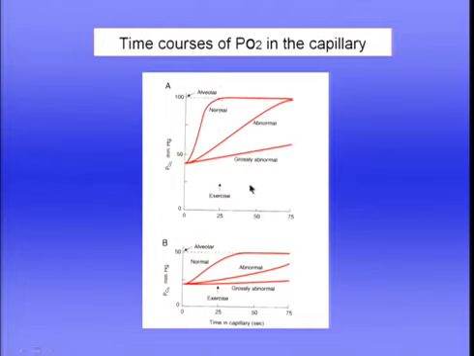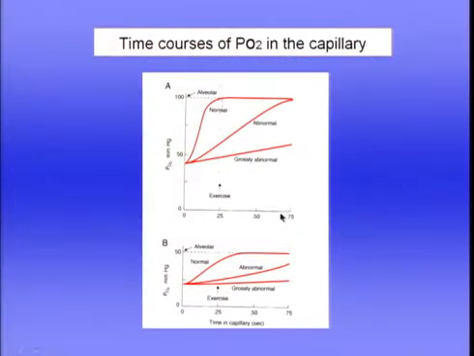Now, there are three ways in which we can challenge the diffusion processes across the blood-gas barrier. The first one we've already mentioned, that is, we can thicken the blood-gas barrier, or it can be thickened by disease, and that certainly challenges the diffusion process, as we can see.